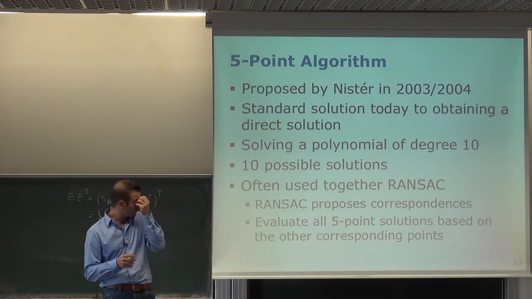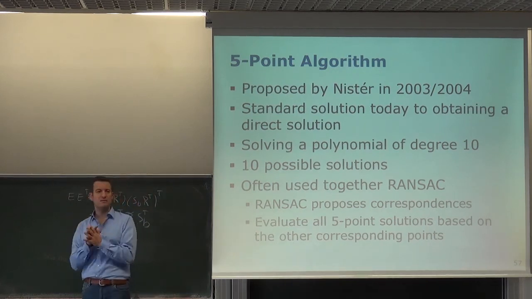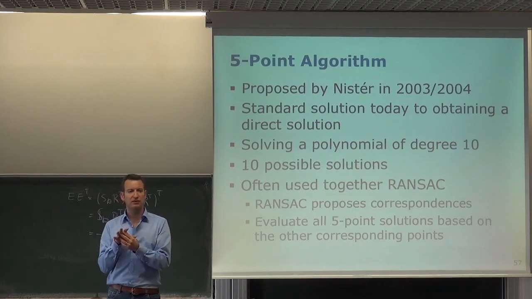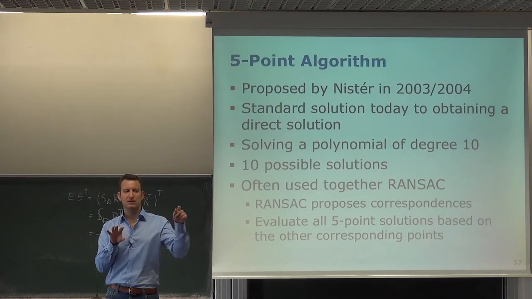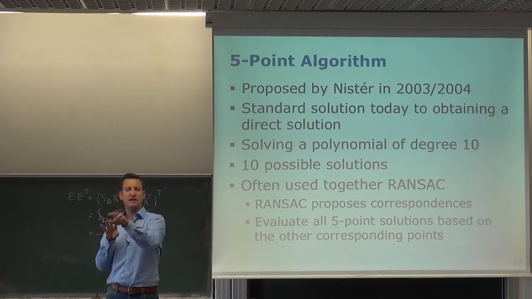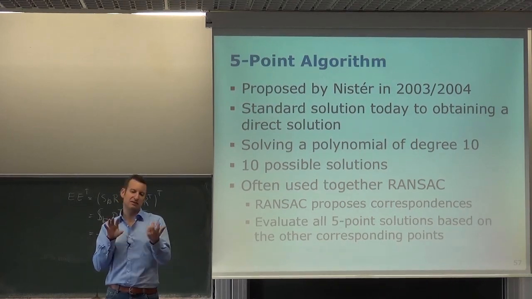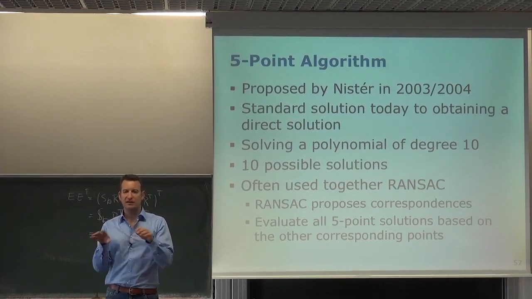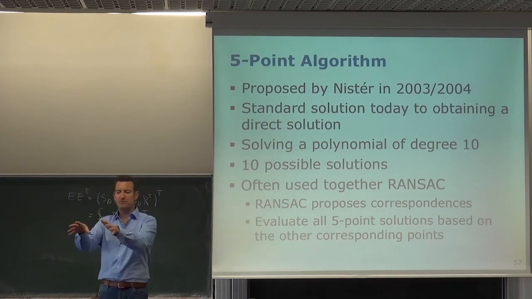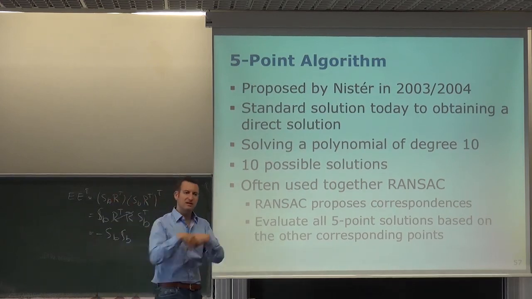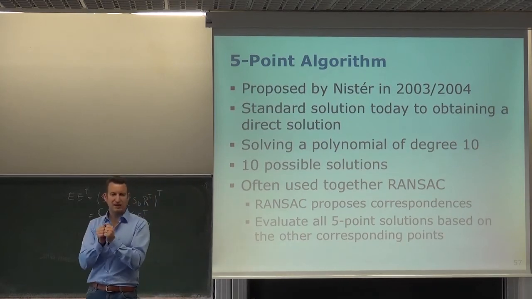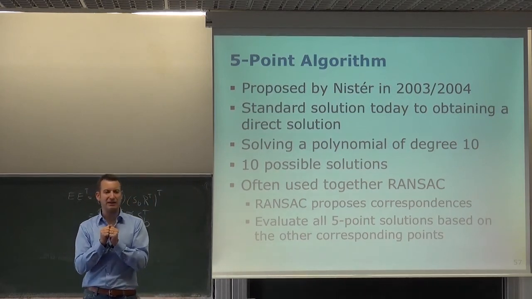What one can do is simply pick out randomly 5 of those points, compute the essential matrix, and then check if this essential matrix is in line with the other pairs of corresponding points. So if the coplanarity constraint holds for the other points. And I can then randomize this process. Pick 5 points randomly, test it. Pick another 5 points randomly, test that. And this is one way which allows me to identify inliers and outliers in my data sets.